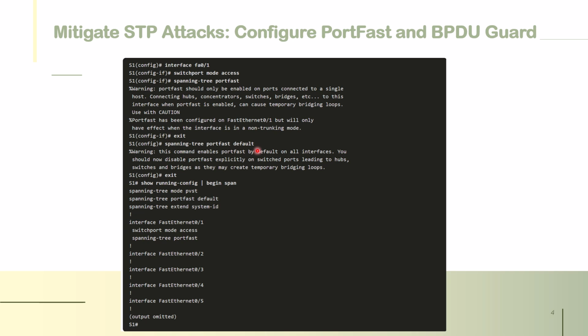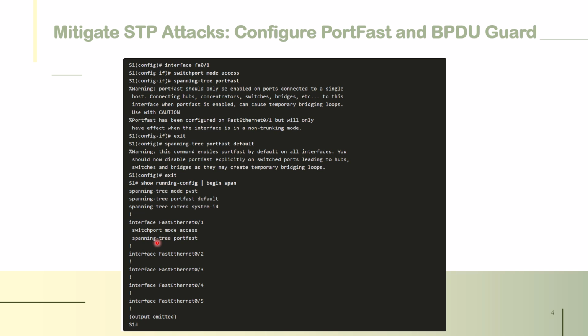And then if we want to see if it's enabled globally, we use show running-config | begin span, and it gives us all the information. It even shows that PortFast is enabled on FastEthernet 0/1.